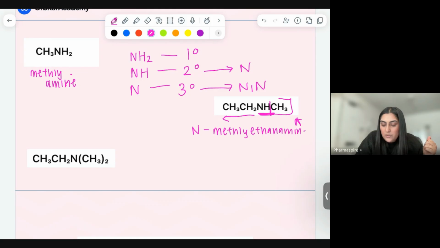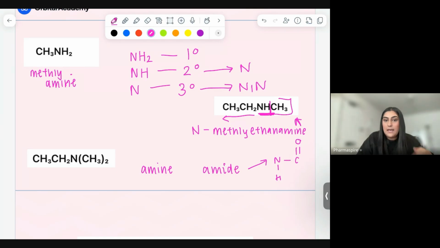A lot of you get confused between an amine and an amide, okay? I'm going to nip this in the bud now. Amines and amides are 2 different things. An amide has an amide linkage, so it will have an NH attached to a C double bond O. That is an amide group. They will throw you off sometimes in questions where they'll have a whole compound with an NH2 like this, and then a double bond on that side.